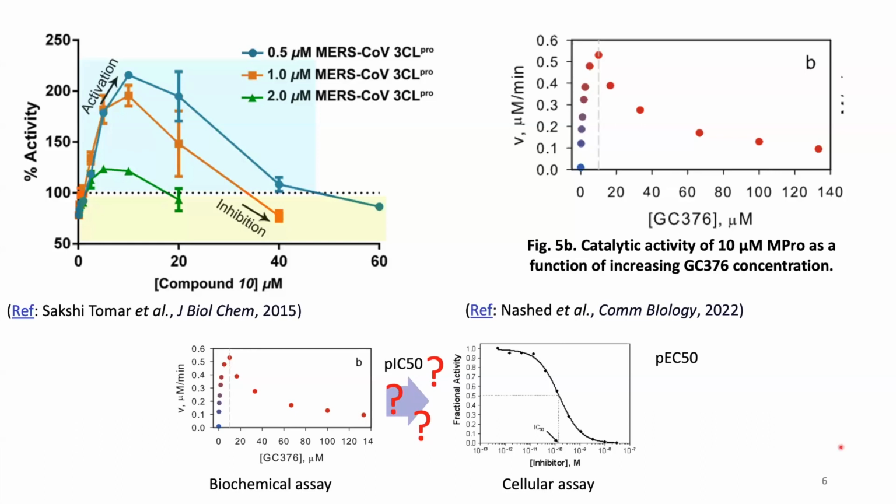This behavior was recapitulated with the SARS-CoV-2 main protease when a mutant was created that weakens the dimerization interface between the monomers of the enzyme. Then the question that inspired this project was how we can interpret the data from this assay to make some prediction of what's happening in a cellular assay.